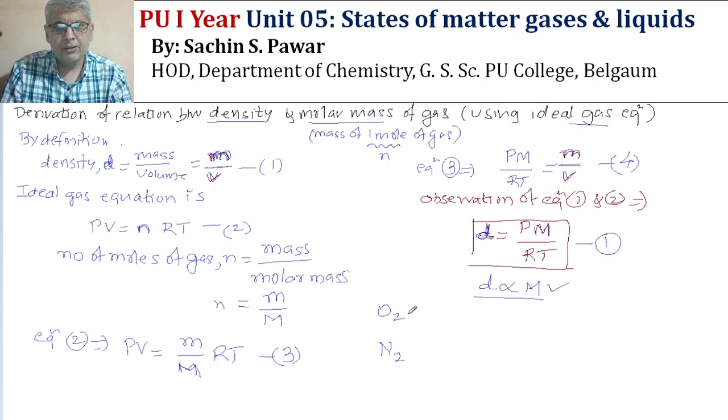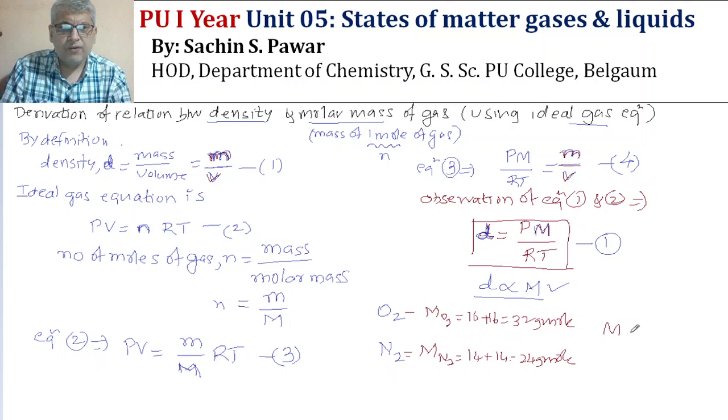Like for example, the molar mass of oxygen is 16 plus 16, that is 32 grams per mole, and that of nitrogen is 14 plus 14, that is 28 grams per mole. And it is very much clear that the molar mass of oxygen is greater than the molar mass of nitrogen.